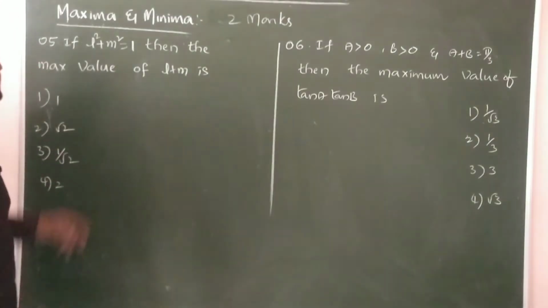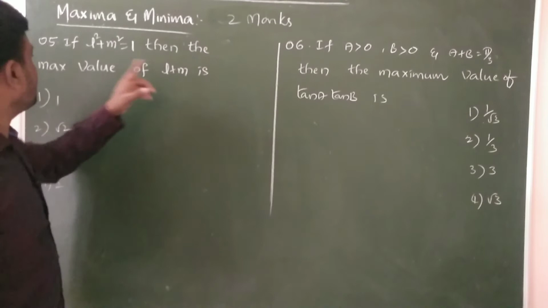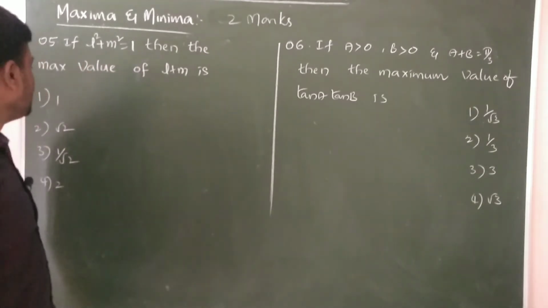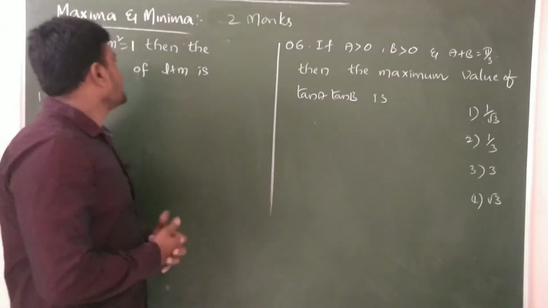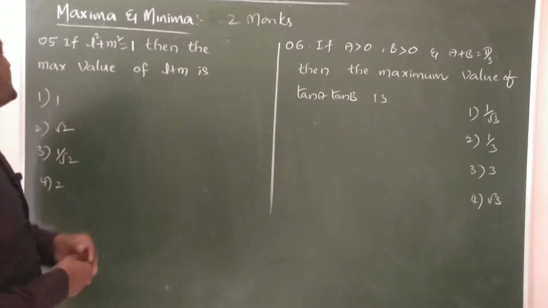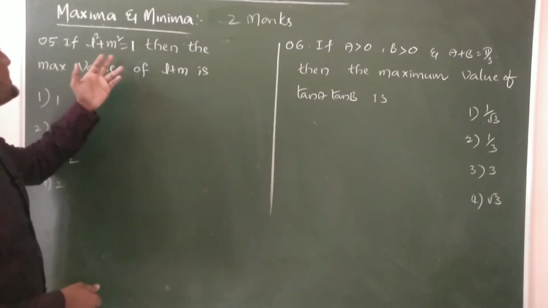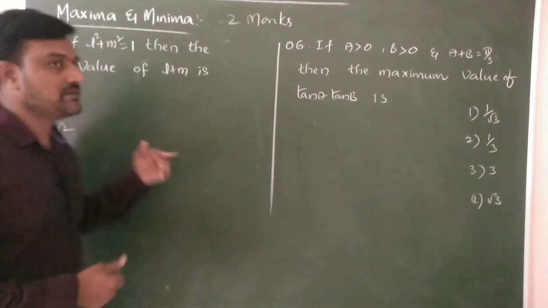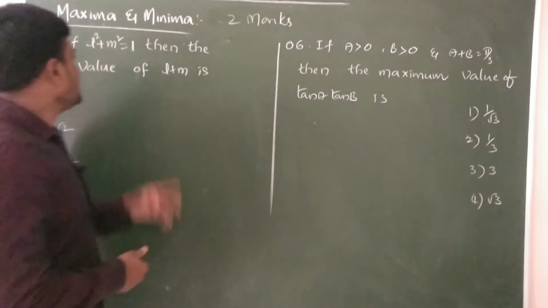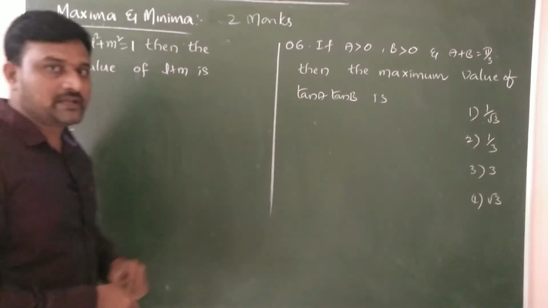If L² + M² = 1, then the maximum value of L + M is: 1, root 2, 1 by root 2, 2. What is this question? This is a function with L² + M² = 1 in L and M. We have to find the maximum value of L + M. For this type of question, we can apply a different strategy.